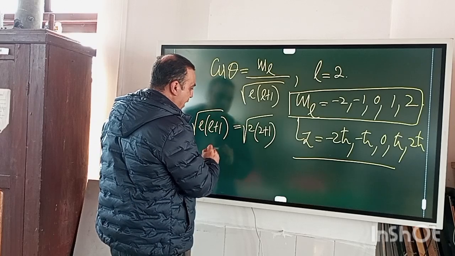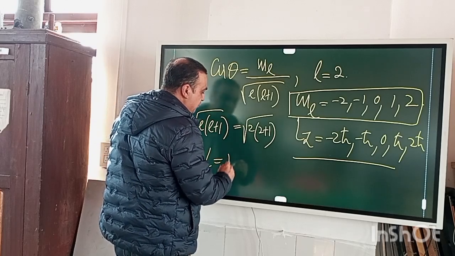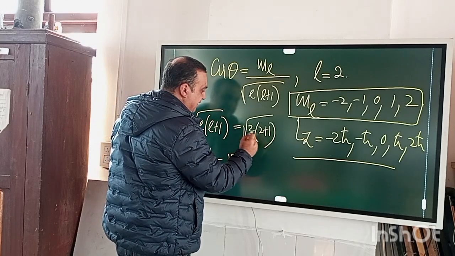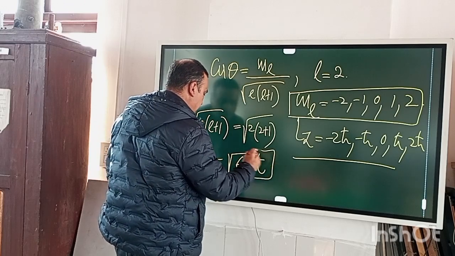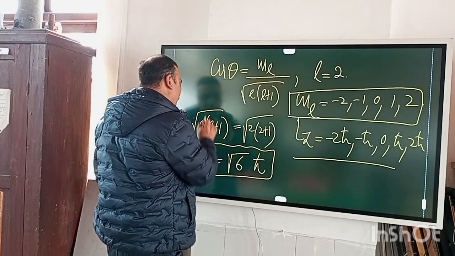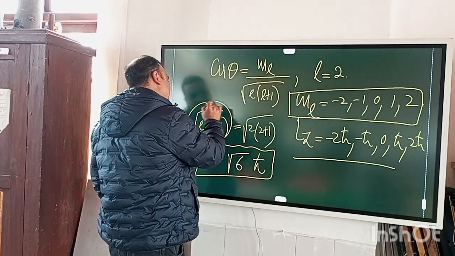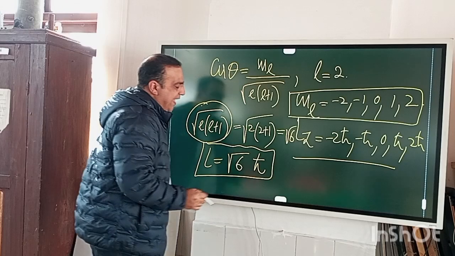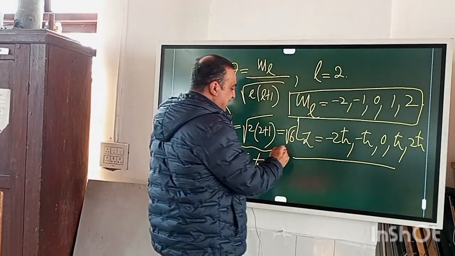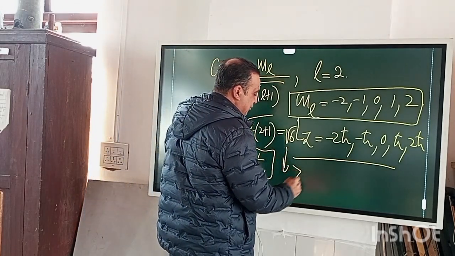So the magnitude of L is going to be the square root of 3 times 2, this is 6, times h bar. So the value of this is equal to the square root of 6. And the square root of 6 is, of course, greater than 2.